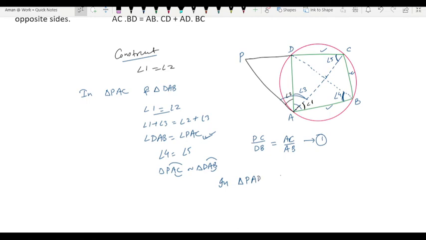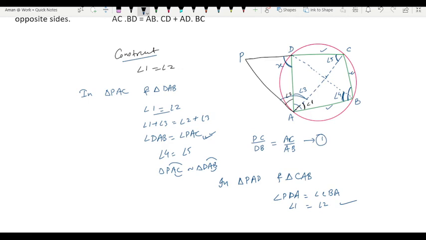So we consider triangle PAD and triangle CAB. Here also, the opposite interior angle, angle PDA, equals angle CBA. They are equal, and angle 1 and angle 2 are equal, as we have constructed.